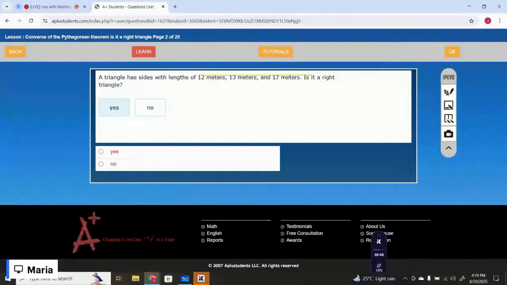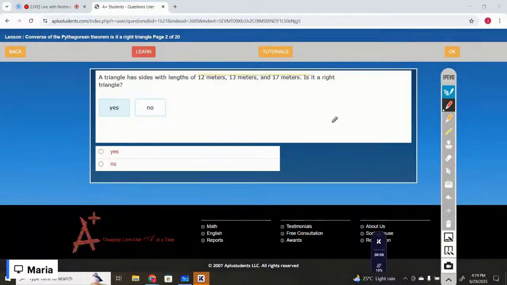A triangle has side lengths of 12 meters, 13 meters, and 17 meters. Is it a right triangle? So 17 squared equals 13 squared plus 12 squared. 17 squared is 289, 13 squared is 169.